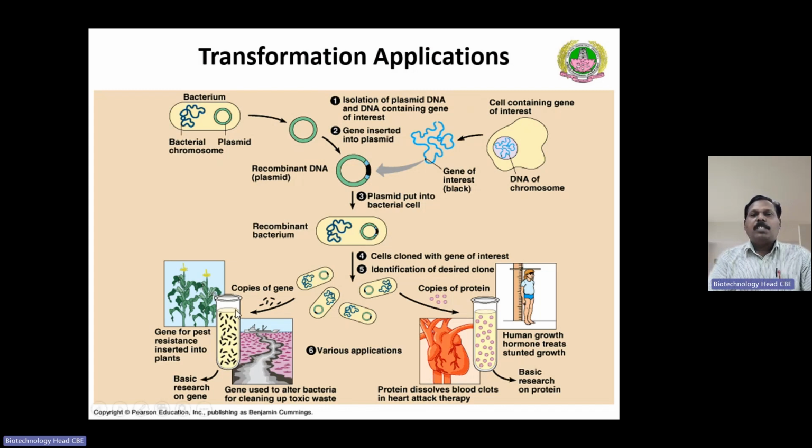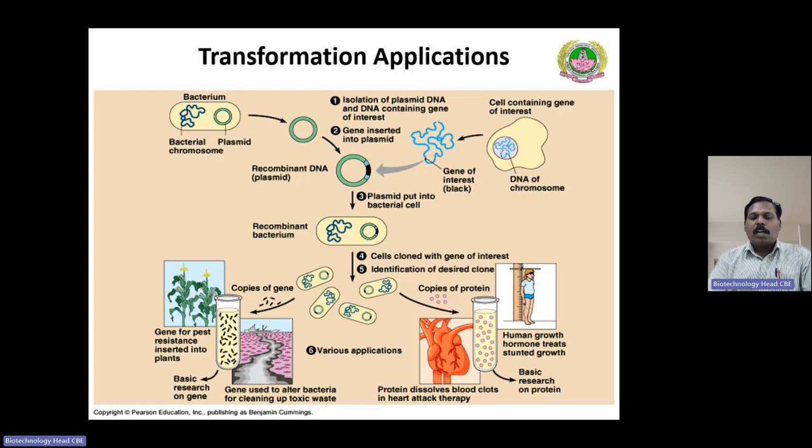The copies of the genes which produce the recombinant protein can also be used for basic research to understand how protein synthesis is involved, and enzymatic activity can be studied from the recombinant proteins produced. Recombinant proteins specific for cleaning up the environment, for removal of toxic waste, can also be made.